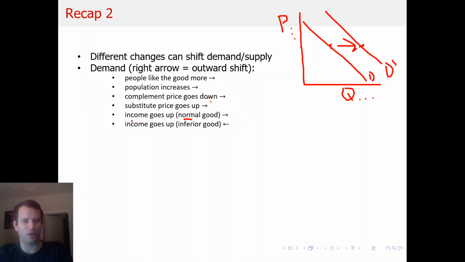If you don't have too much money, like if you want to get your drinks in, drinking as a whole is probably a normal good, but maybe not actually. It should be a normal good at the very least. But particular drinks might be more or less inferior. So Natty Boh or Natty Light would be inferior goods because if you had the ability to choose, you probably wouldn't choose Natty Light.